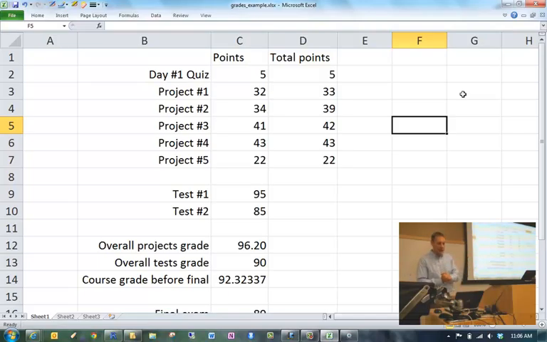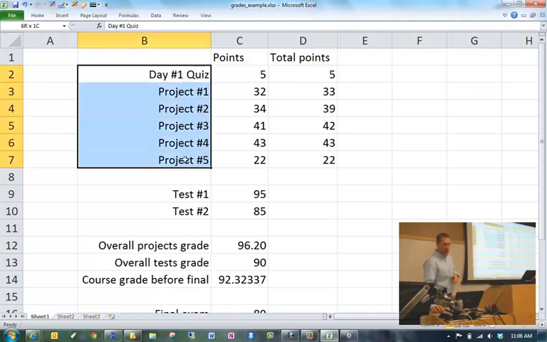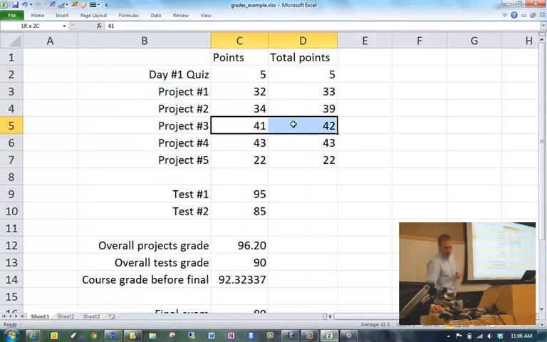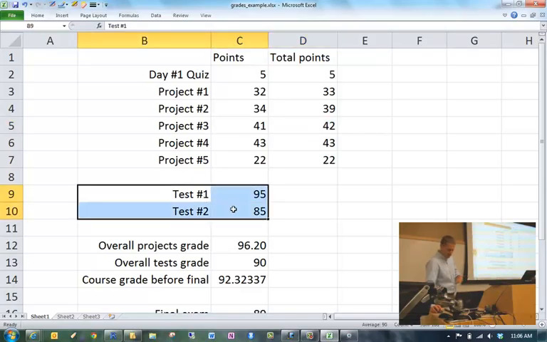I always want to give you the opportunity to double check your grades with mine. Right now what's posted there is information about your projects and the day number 1 quiz. So for example, for project number 3 in this example here, 41 out of 42 points were earned. Also, I have information about your test grades.